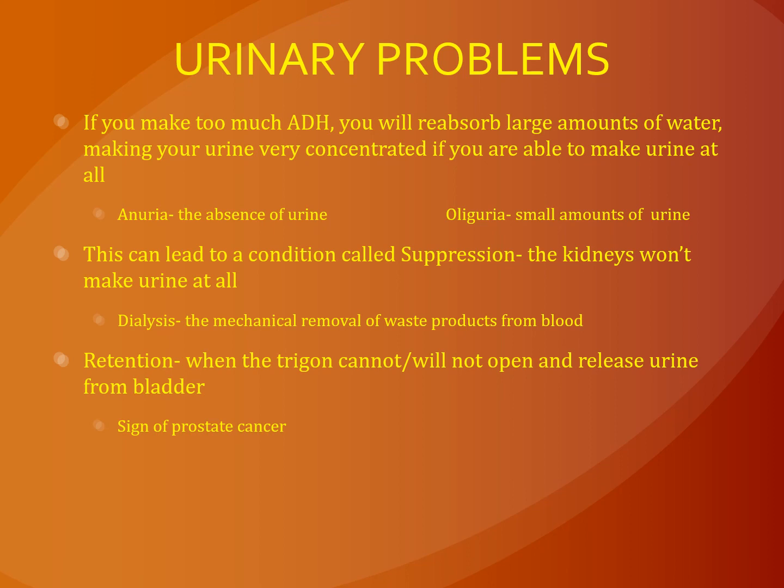Retention tends to be a problem in males, and this tends to be a sign of prostate cancer. Remember, the trigone is a sphincter muscle at the base of our bladder that leads to our urethra, and this sphincter muscle opens and closes in order to allow us to urinate. Well, if you remember, the prostate gland is a circular gland, and the urethra passes through it. So if the prostate gland has a tumor in it, it can squeeze the urethra, or it can actually push up on part of the bladder.